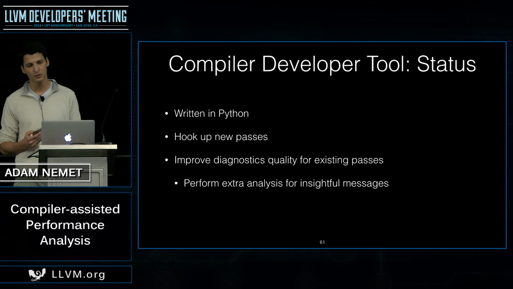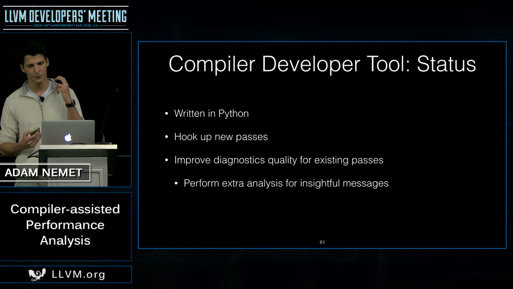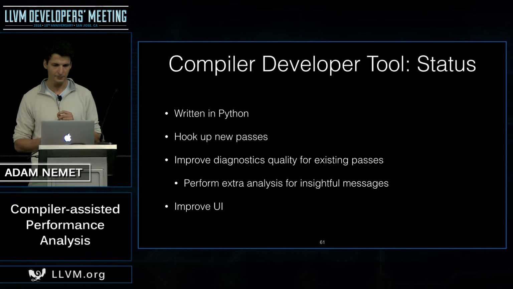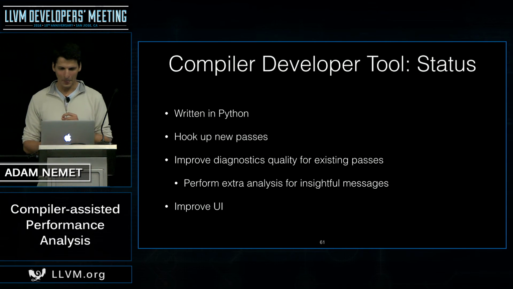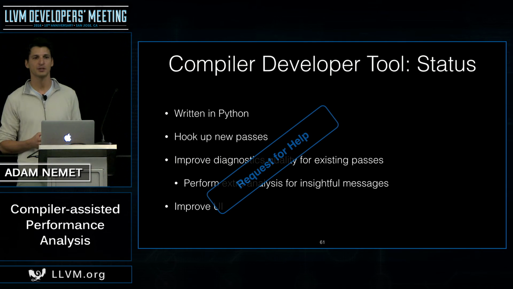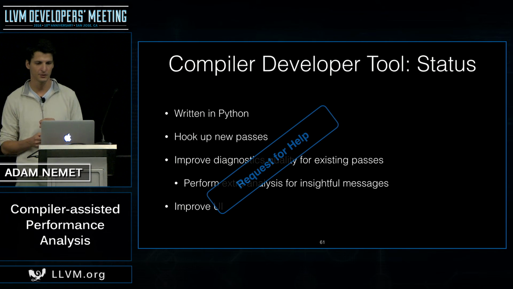We also need to do what I did for GVN, which is improve the diagnostics with false positives in mind. And this may require a little bit of extra analysis. And of course, improve the UI. And on any of this, if this work is interesting to you, I encourage you to help out or just talk to me after the talk.